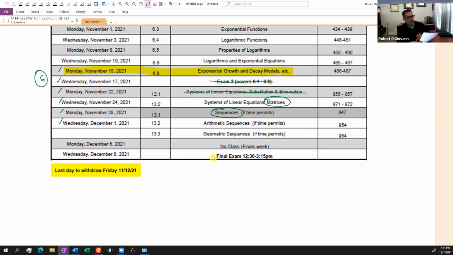It has to be reference, not copied problems, all right? If you want to use some symbolic language only you know, that's fine with me. Just don't have the problems worked out. Any questions on that? You'll be allowed to use that for the test.